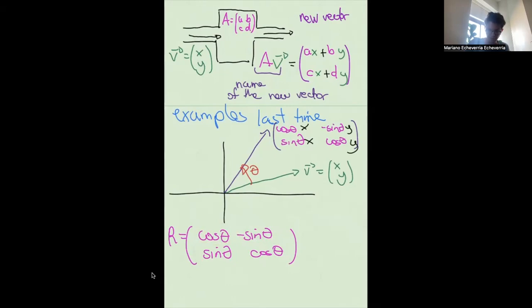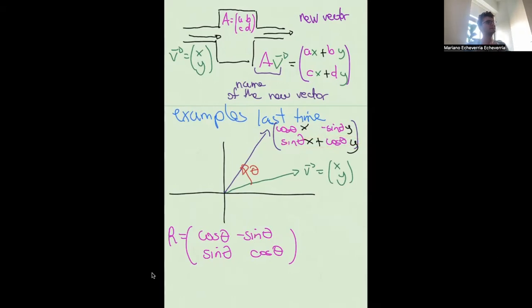If there's no sign, it's implicitly a plus. So the first entry is cosine of theta x minus sine of theta y, and the other one is sine of theta x plus cosine of theta y.